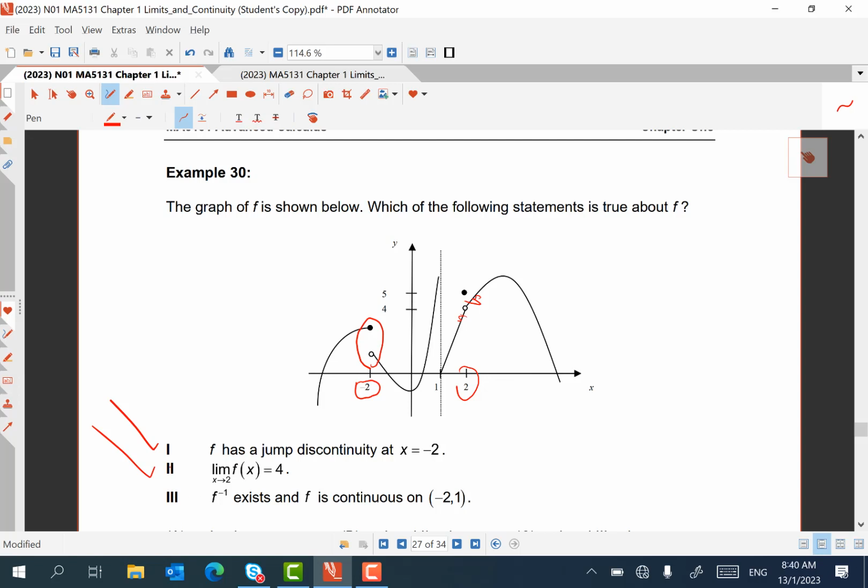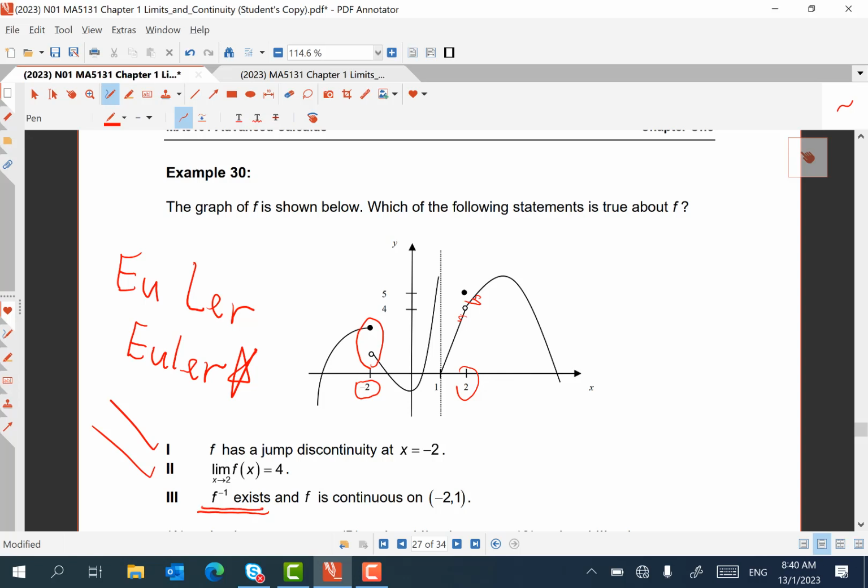Let's hear from the student in front. What's your name, please? Euler. Yes, Euler, do you think that f inverse exists?